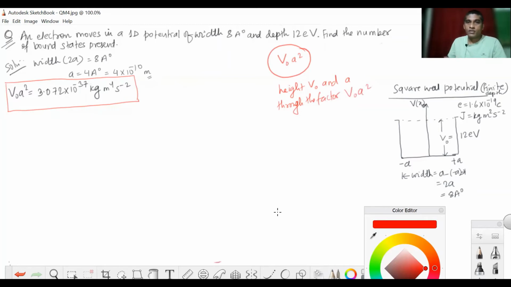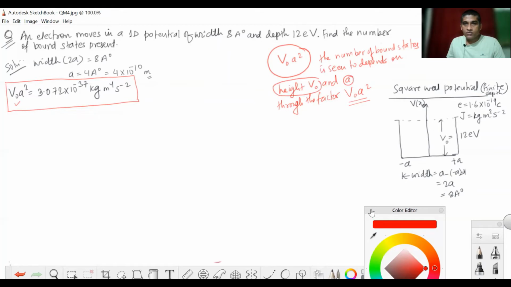I repeat once again, the number of bound states is seen to depend on the height or depth of the potential well and a, through the factor V naught a square. So for that reason, we have calculated V naught a square from the given data in the question.